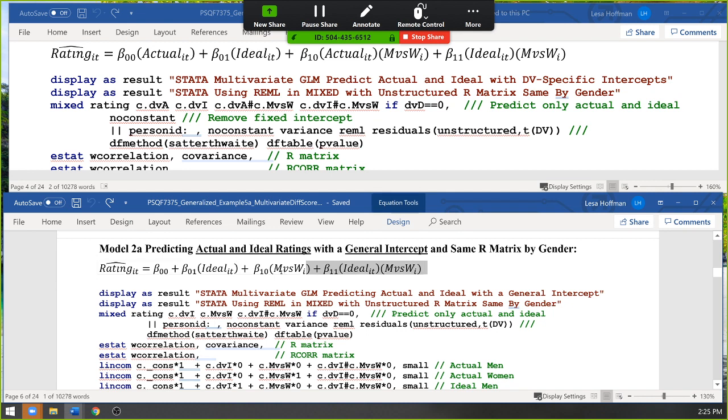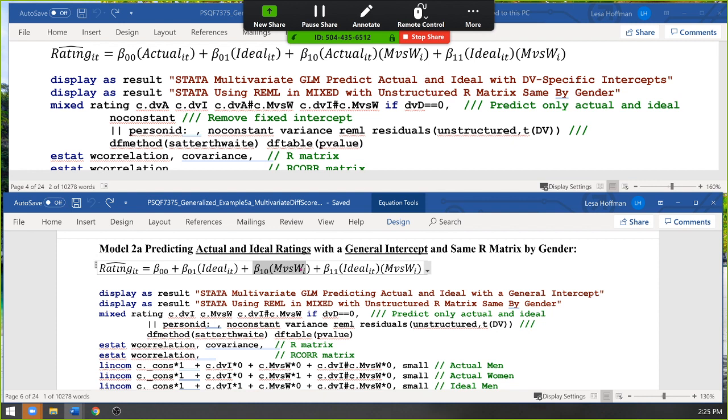It's marginal. Well, marginal in this case means across outcomes. So you would be saying that the effect of gender is the same in predicting actual ratings as it is in predicting ideal ratings.